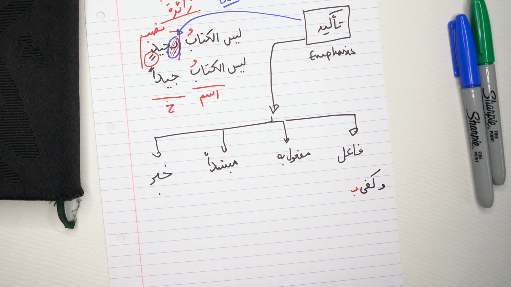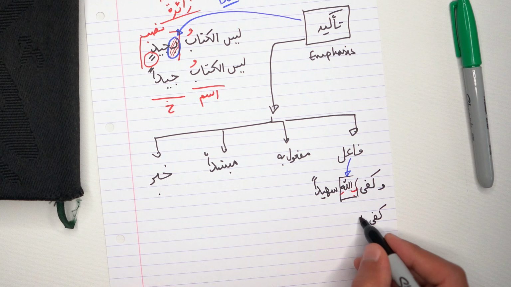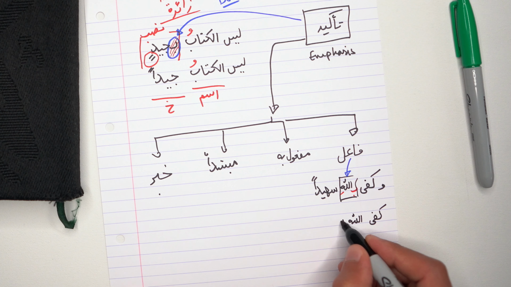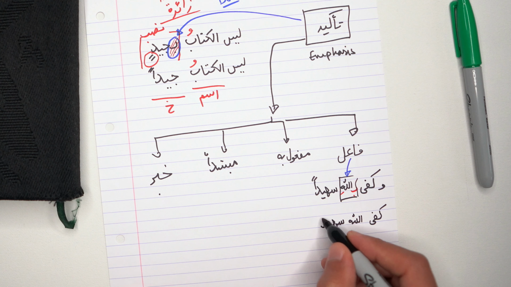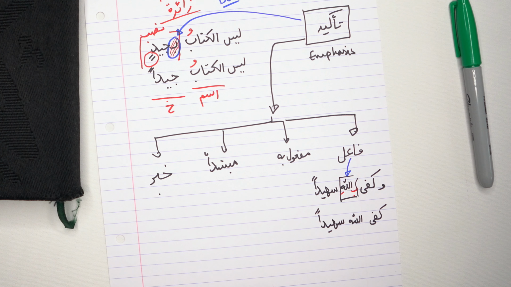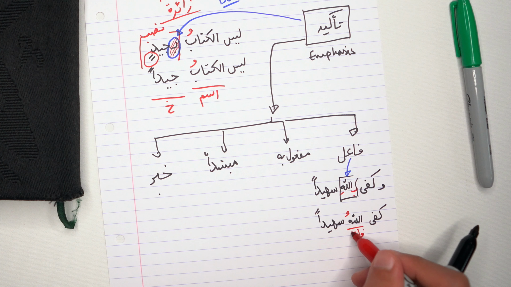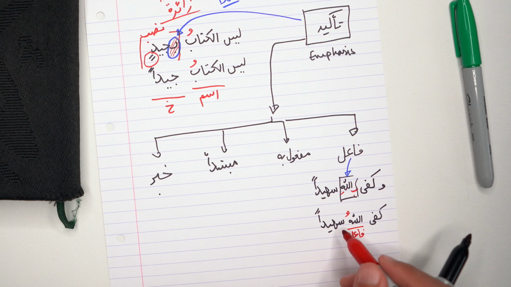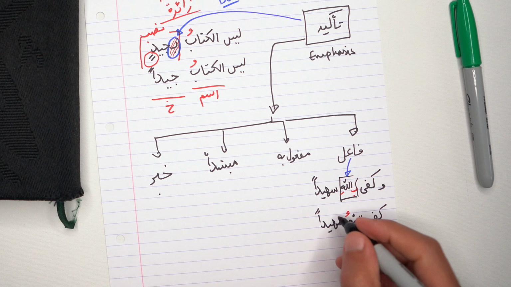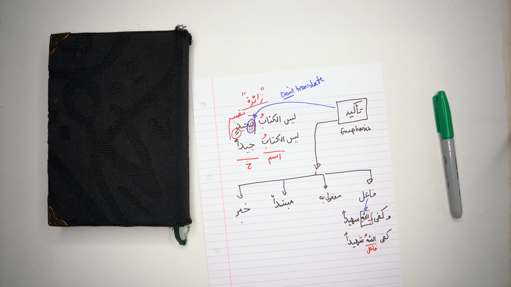Billahi shahidan. So when you translate this, the way that you translate it is you treat the word Allah as being the fa'il. So you would actually translate it like this. You would say, Kafa Allahu shahidan. Yeah. Kafa Allahu, this is the fa'il. Right, and this is the tamyiz.